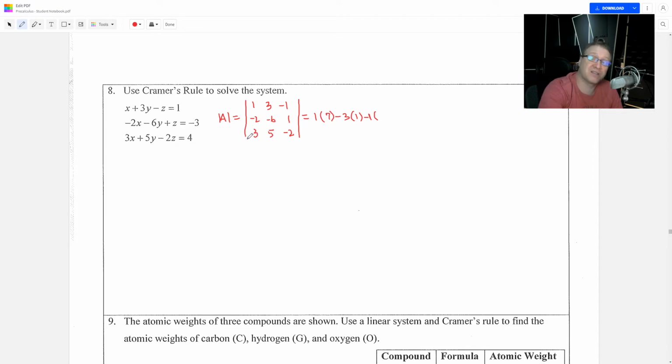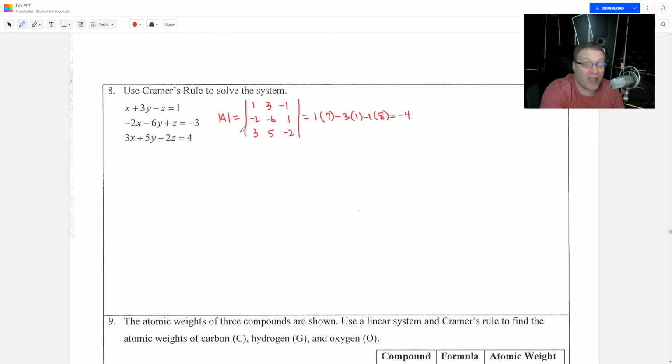That's negative 10 plus 18. That's 8. So now we have our determinant. It's going to be 7 minus 3 minus 8. 7 minus 3, that's 4. And then minus 8, so that's negative 4. Let me make sure I got that right. Yeah, negative 4.